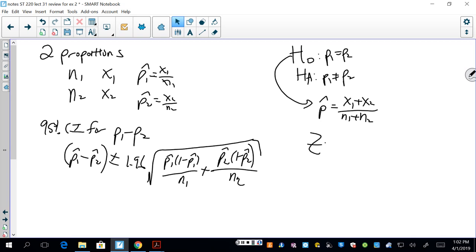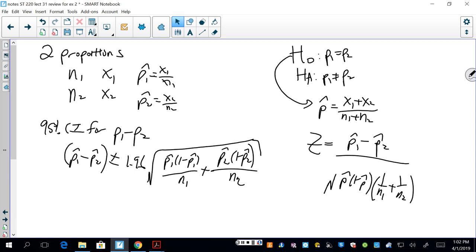And then we calculate the z-statistic, the difference of the two sample proportions, and then we have p hat, 1 minus p hat, and we divide that by n1 for the first sample, and n2 for the second sample, and take the square root of that whole variance. And that's our statistic there. And we would reject the null hypothesis if that's bigger than an absolute value of 1.96 again.